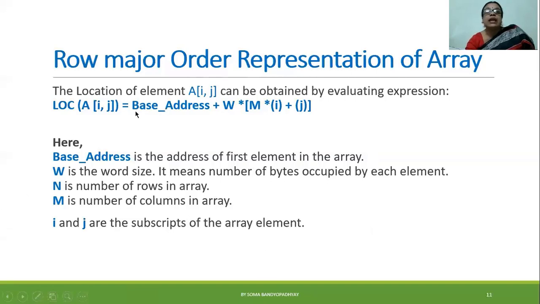Now we can write the formula: location of Aij equals base address plus W, where W is the word size, M is the number of columns in the array, and I, J are the subscripts of the array element. So I indicates the row index and J indicates the column index.